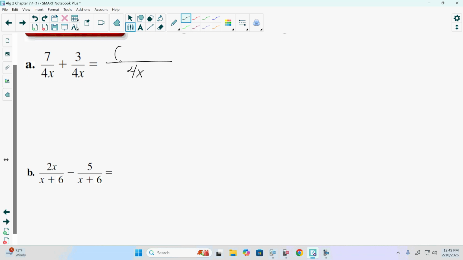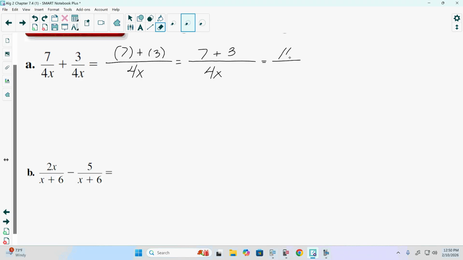Now, since it is addition, we don't really need the parentheses, but we can include them just to signify these are two different expressions, and really we can say that we do have 7 plus 3. And 7 plus 3 is 10 over 4x. Questions on this so far?